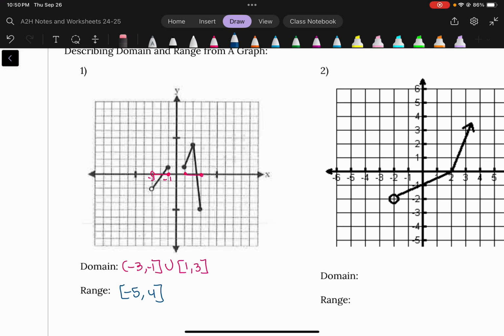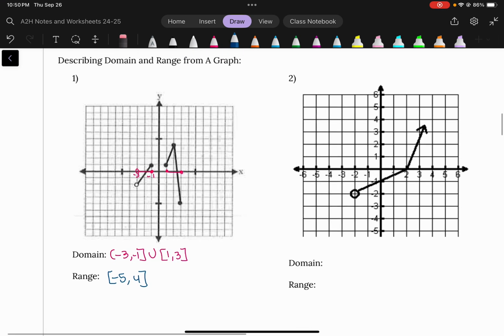All right, this one, actually a little bit simpler. Our domain here is starting at -2, right? That is the smallest x value, right? All the way through infinity, right? This is clearly going on forever to the right and moving in the positive y direction forever, right?